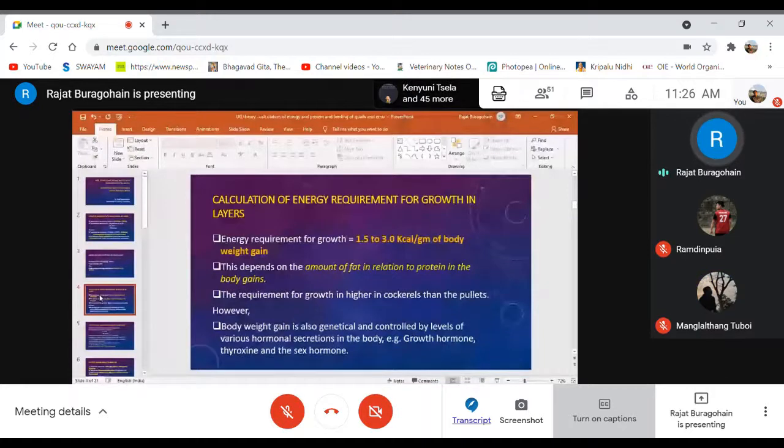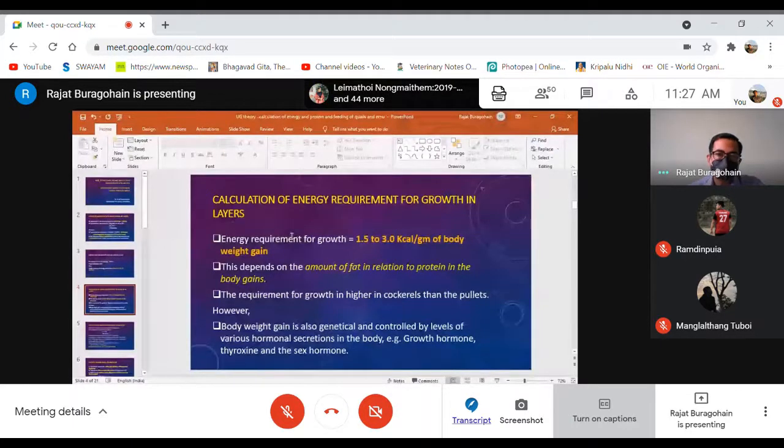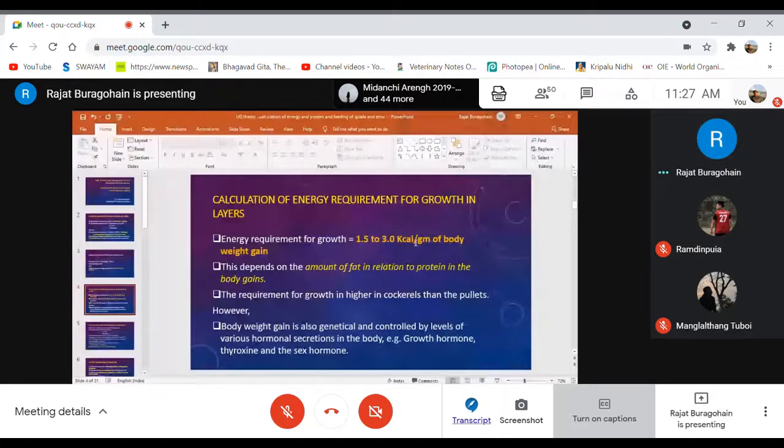Then the calculation of energy requirement for growth. Growth means during the growing period. Here you have to remember that this requirement depends on their growth rate, meaning body weight gain per day. If growth is high, then the requirement will be more, and if growth is less, the requirement will be less.